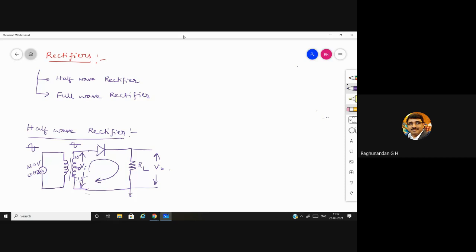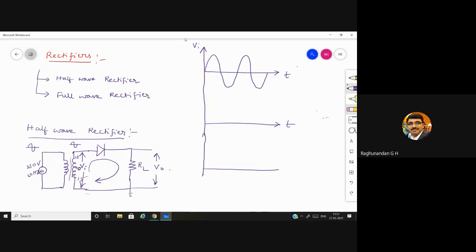So during the positive half cycle, let me draw the waveforms. And in the exam also, while writing, you should write the waveforms in line with the input, because the time period has to match.